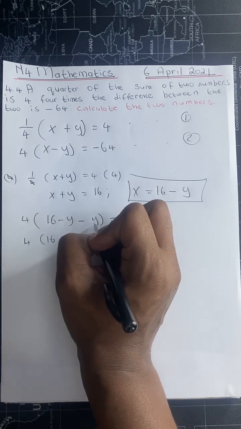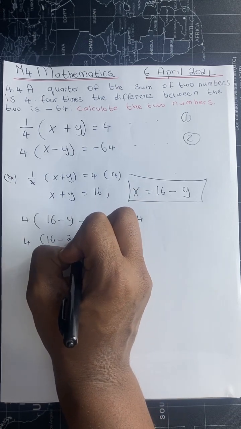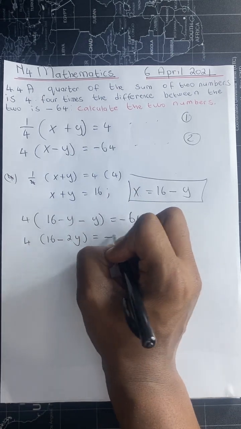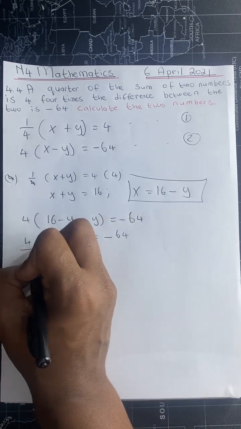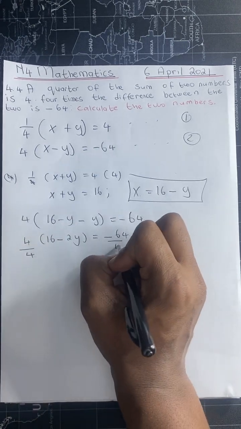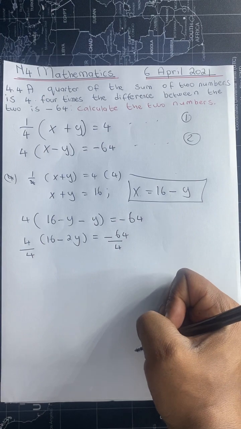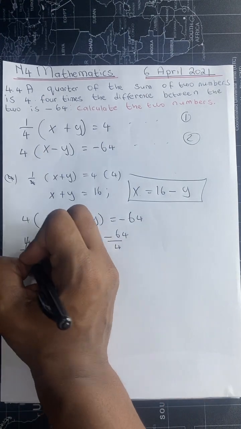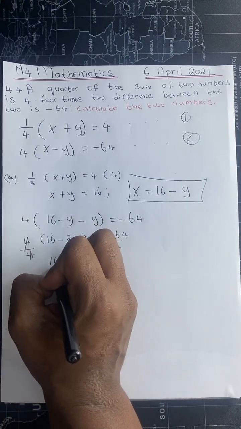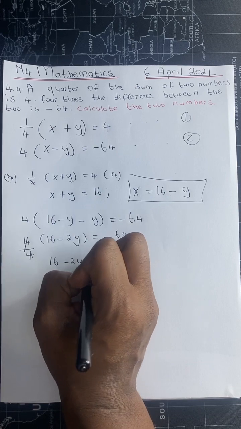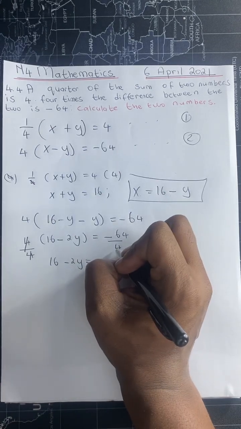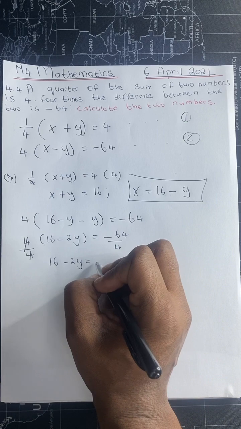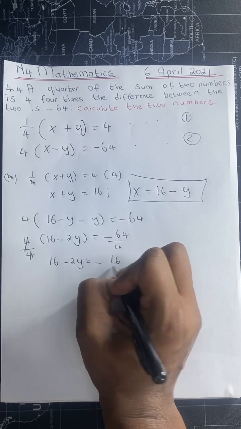Negative y minus y is equal to -2y, and this is equal to -64. We divide both sides of the equation by 4. What you do on the right, you also do on the left. So that 4 will cancel out, and 16 minus 2y will be equal to -64 over 4, which is equal to -16.